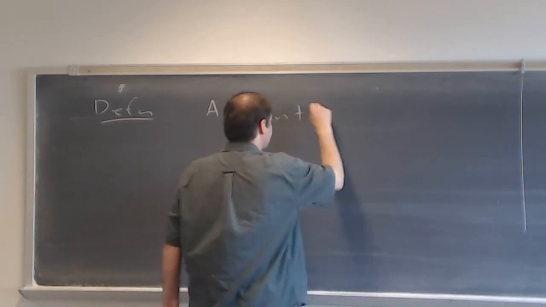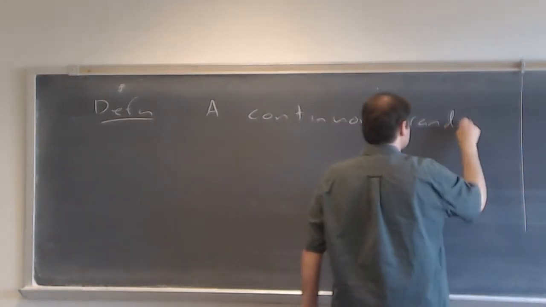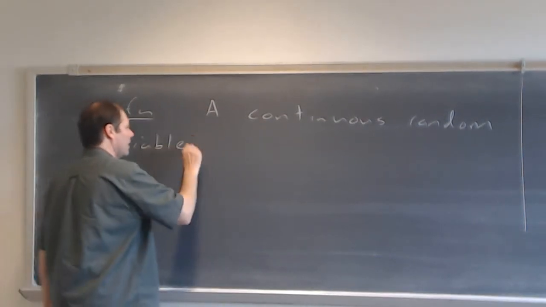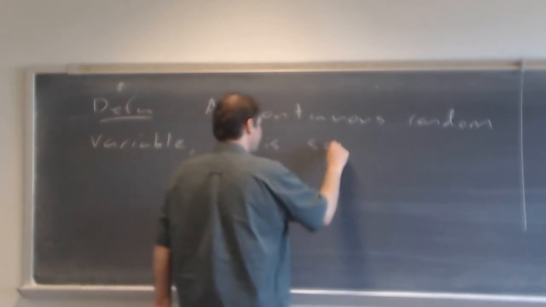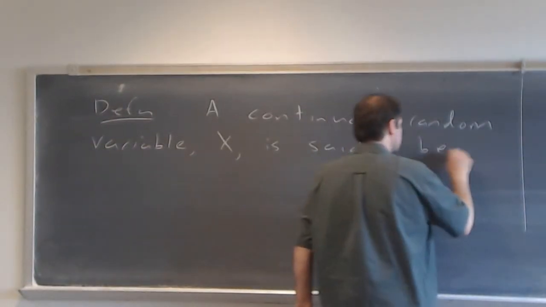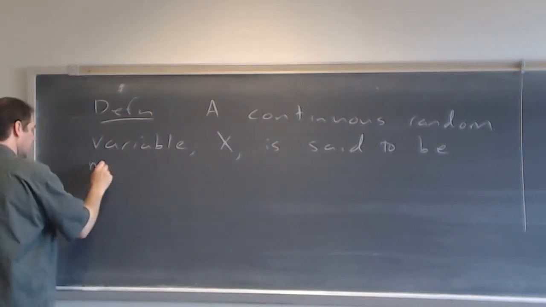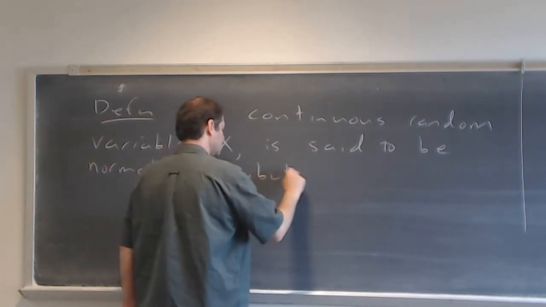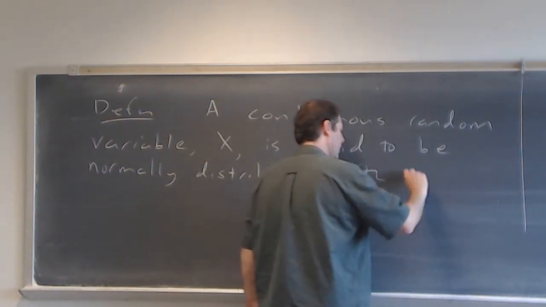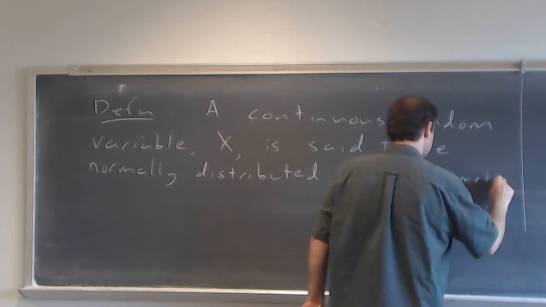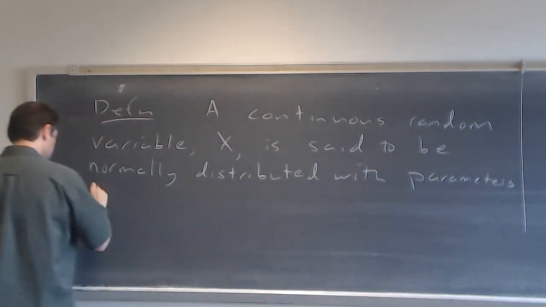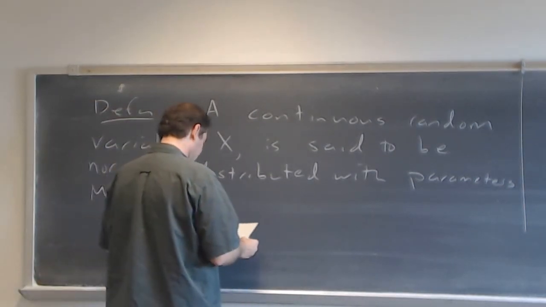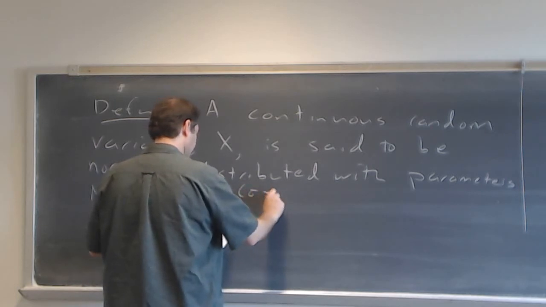A continuous random variable X is said to be normally distributed with parameters mu and sigma squared. Here, when I say sigma squared, sigma is greater than 0.